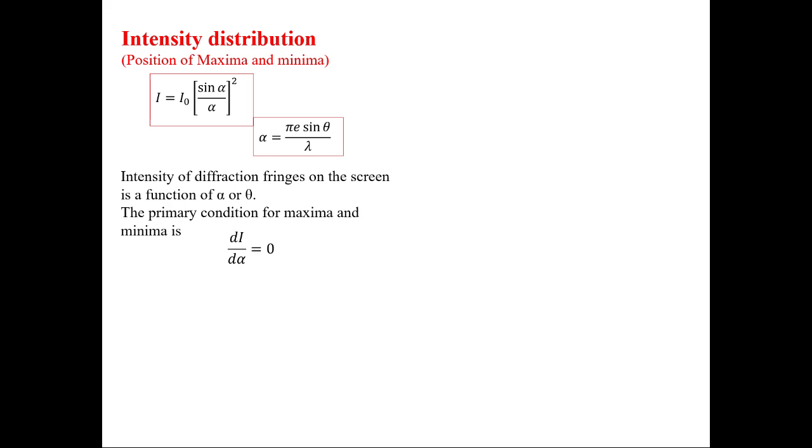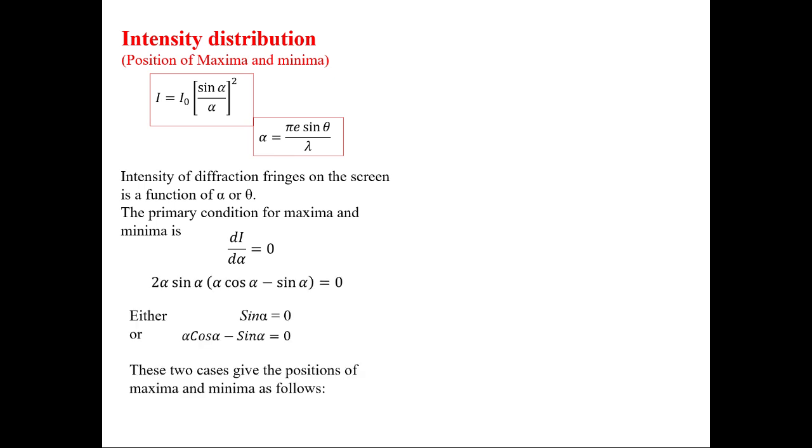So to find the minima or maxima, differentiate it. This differentiation gives sine alpha upon alpha squared multiplied by alpha cos alpha minus sine alpha equal to 0. This is possible if either alpha equal to 0, or sine alpha equal to 0, or alpha cos alpha minus sine alpha equal to 0. So we choose these conditions.